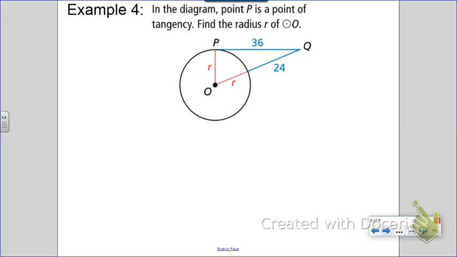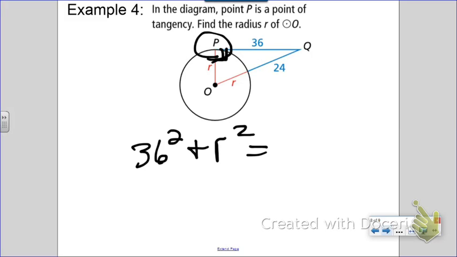So if we're given this is a point of tangency, that means this is a right angle. So that means that 36 squared plus r squared is going to equal the total. This total length is r plus 24.